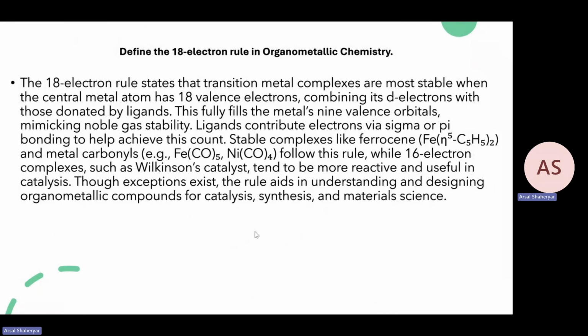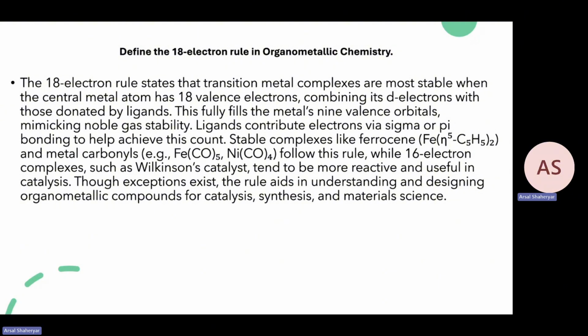Now, you may be wondering, what is the 18 electron rule in organometallic chemistry? The 18 electron rule states that transition metal complexes are most stable when the central metal atom has 18 valence electrons, combining its d electrons with those donated by ligands. This fully fills the metal's 9 valence orbitals, mimicking noble gas stability.